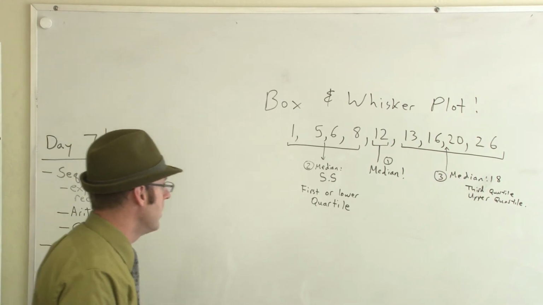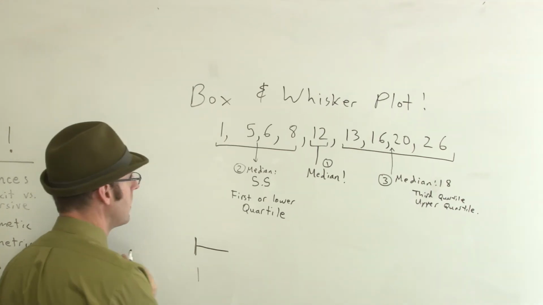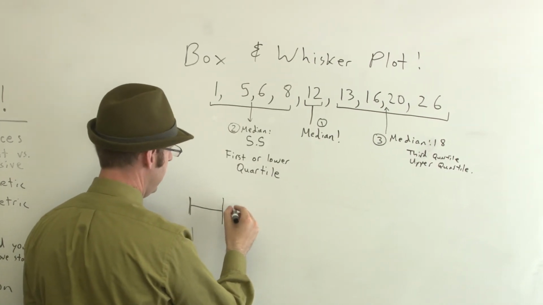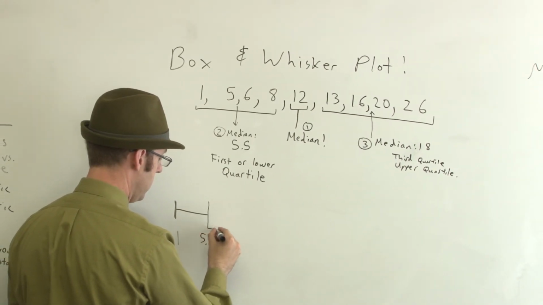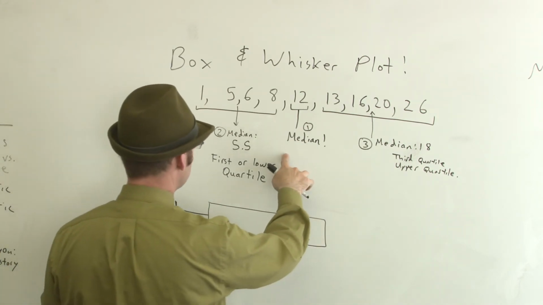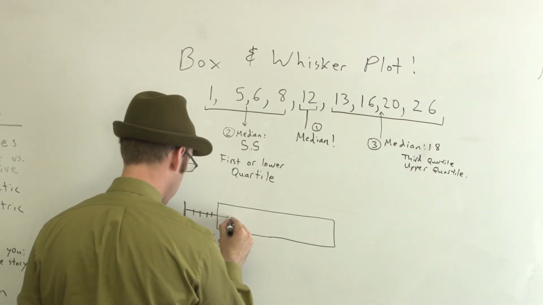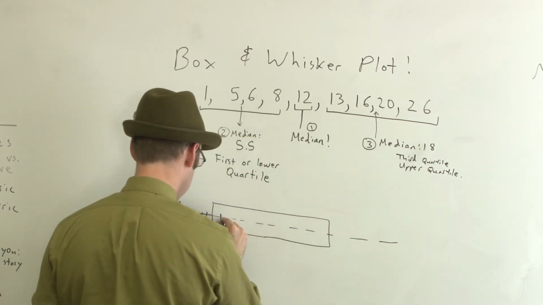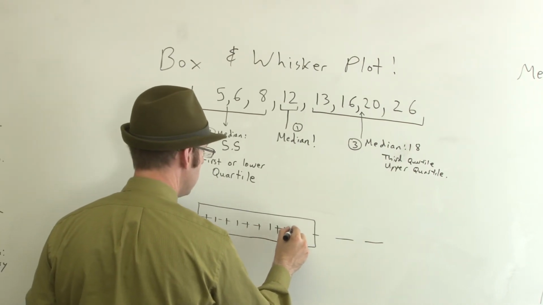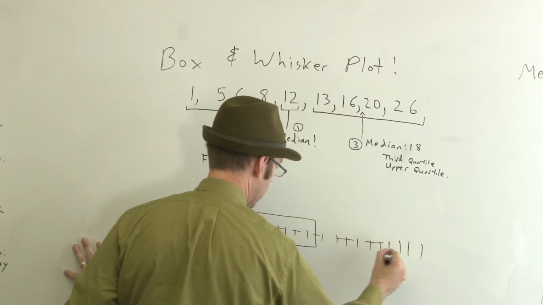Box and whisker plot, all you do is you take your low number and we start our box here at 5.5. 12 is our median, so if we count, 1, 2, 3, 4, 5, 6, 8, 23, 24, 25, 26.